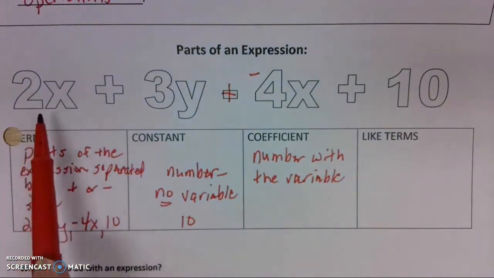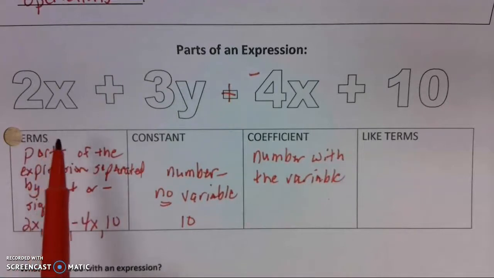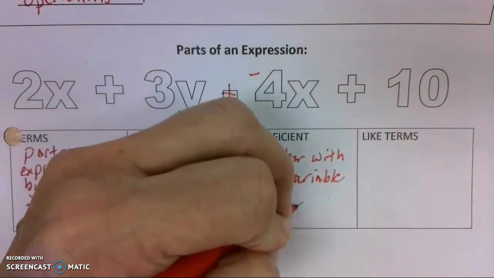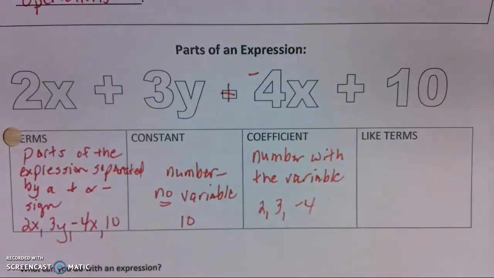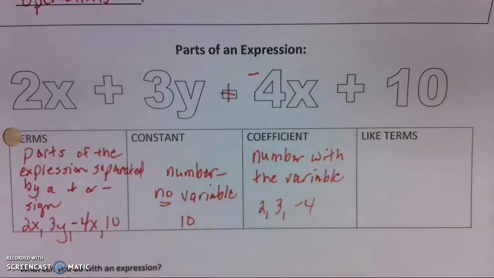So I have 3 terms that have numbers with variables. So my coefficients are 2, 3, and negative 4. So I have the 2 with the x, the 3 with the y, and the negative 4 with the x.